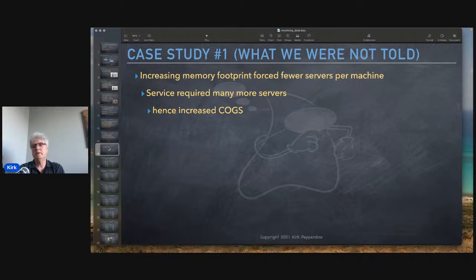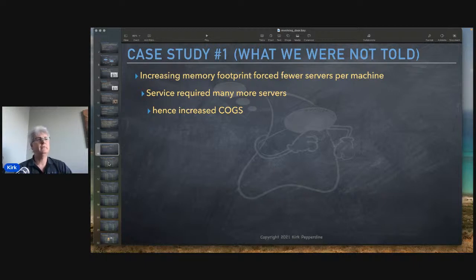They increased the memory footprint, but since they had a fixed-size server, they put fewer virtual machines on each server and had to have more servers. That's what caused the increase in COGS.